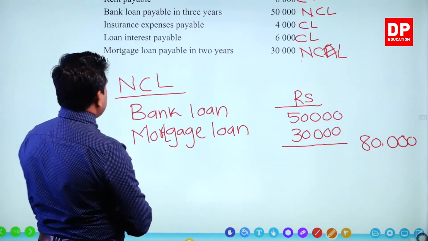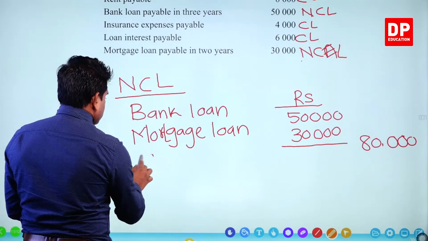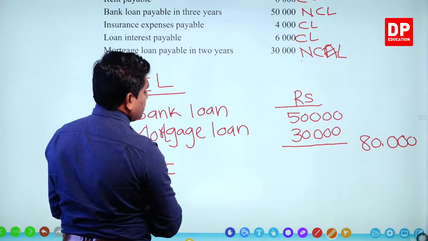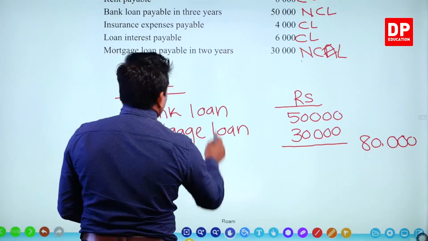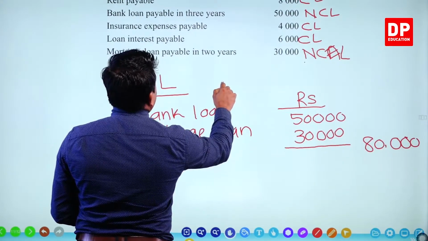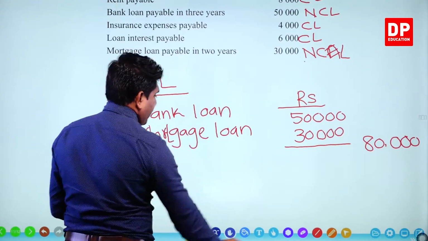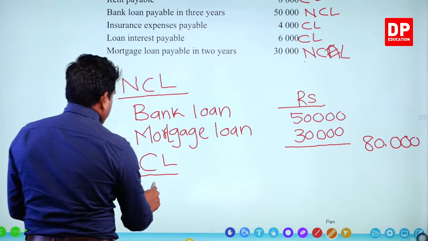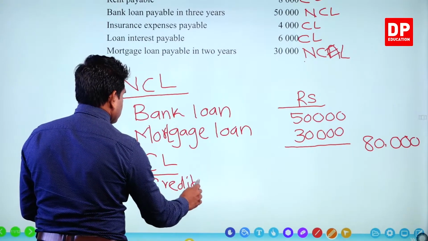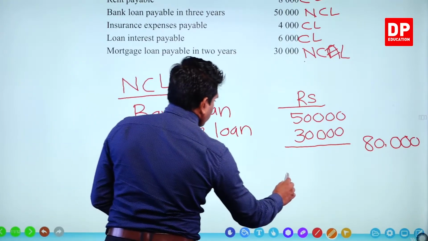Now current liabilities. All other liabilities given in the question are current liabilities. Now we see the first. Trade creditors 25,000. Trade creditors means creditors, 25,000.